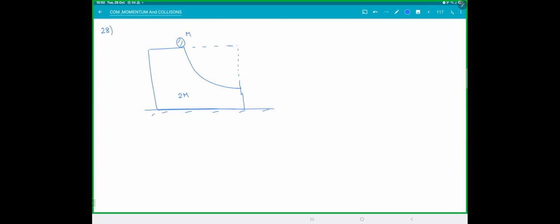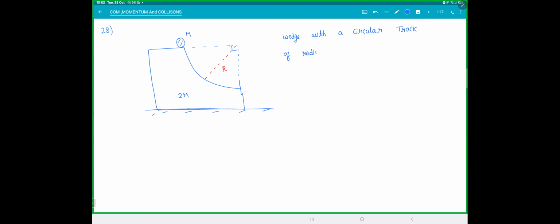This is a circular track, quarter circle of radius r. This is a wedge with a circular track of radius r. All surfaces are smooth.